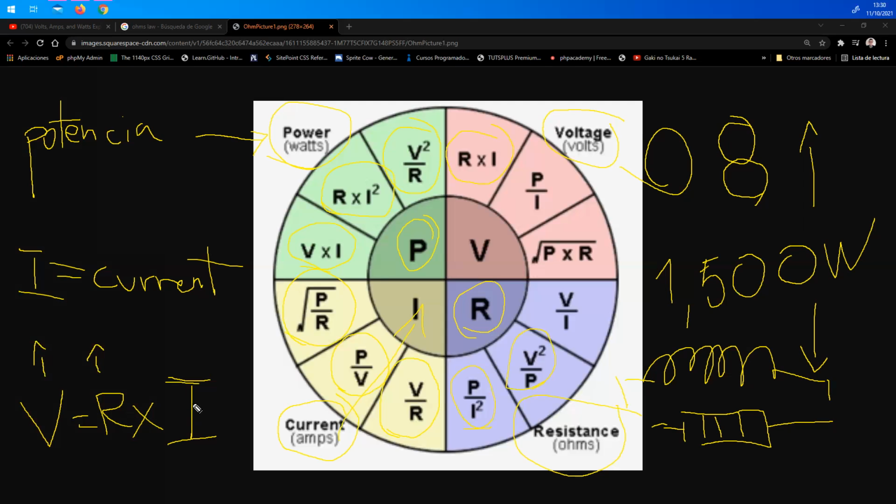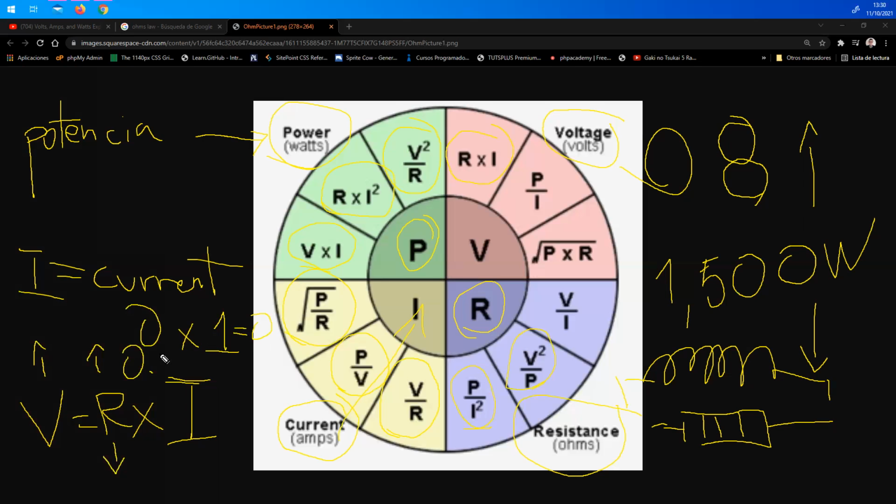Cuando tenga mucha intensidad, se va a ir para abajo, ¿verdad? Si esto se acerca a cero, sea lo que sea por cero, va a ser cero. Si se acerca mucho a cero, la intensidad va a empezar a bajar por la multiplicación, ¿verdad?